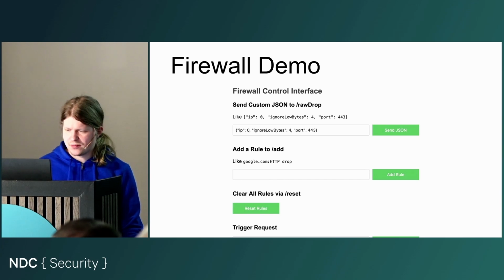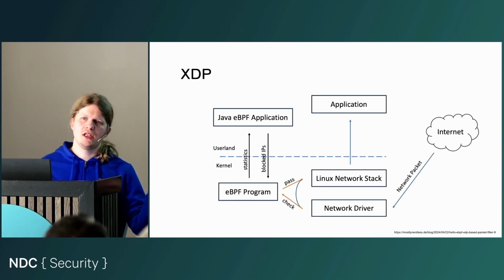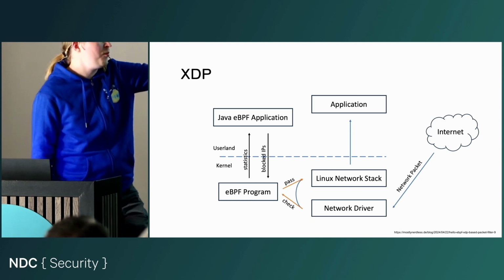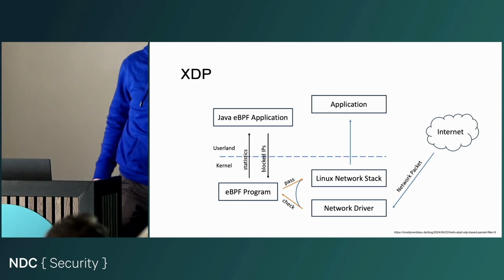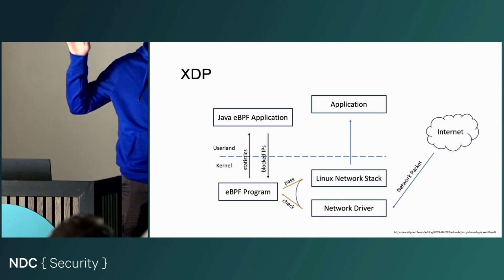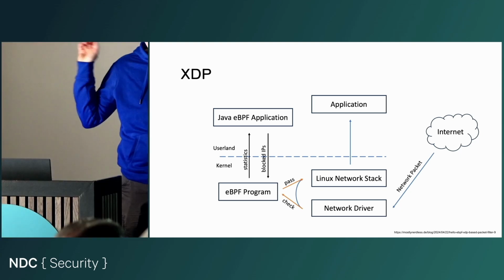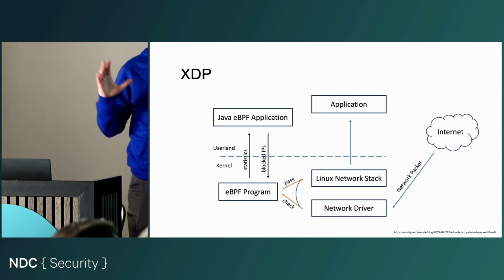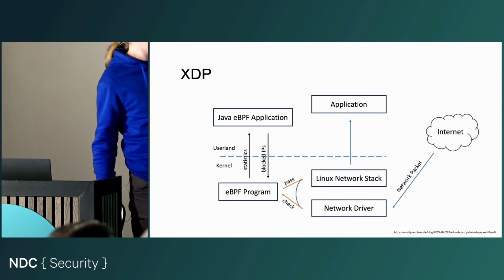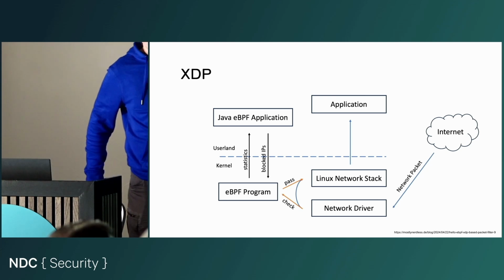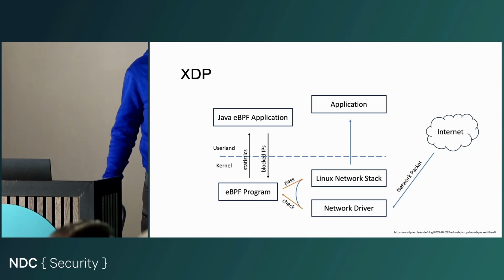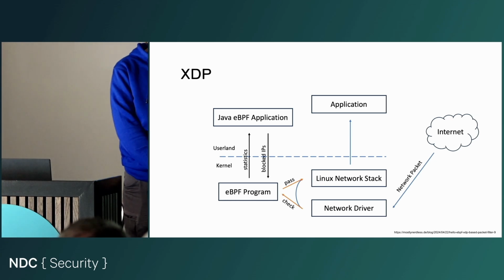So how this essentially works is that you see here that we get packets in from the whole internet, and the packet comes into a network driver, and is parsed. Essentially our raw Ethernet packet comes in, and after it's basically parsed, the Linux kernel asks our eBPF program that we registered, hey, is this okay?